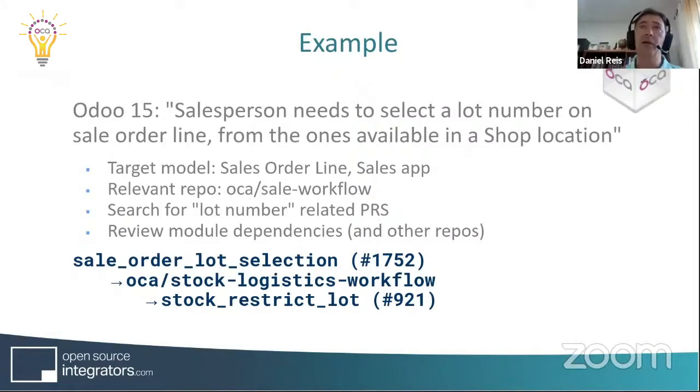And this lot number must be one available in a shop location. So let's follow our strategy. First, what is involved in this feature? This will probably be targeting the sale order line, sales orders. So this is the sales side.